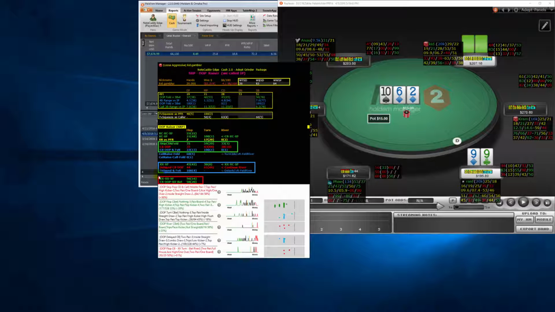So we have the red rectangle left, and the check fold stat is 56%. It's not as high as in the previous video, but it's still high enough for us to bet all the hands that cannot beat ace high.